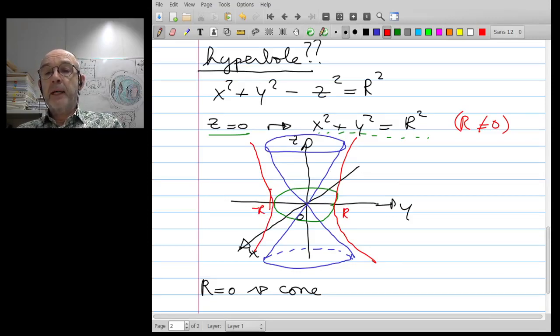Then I can rotate everything around the z-axis, and I have my hyperboloid.